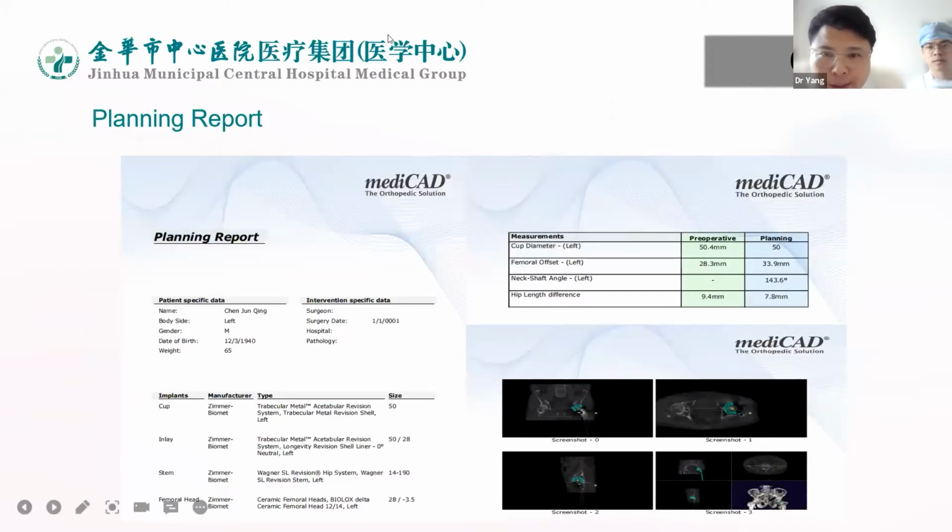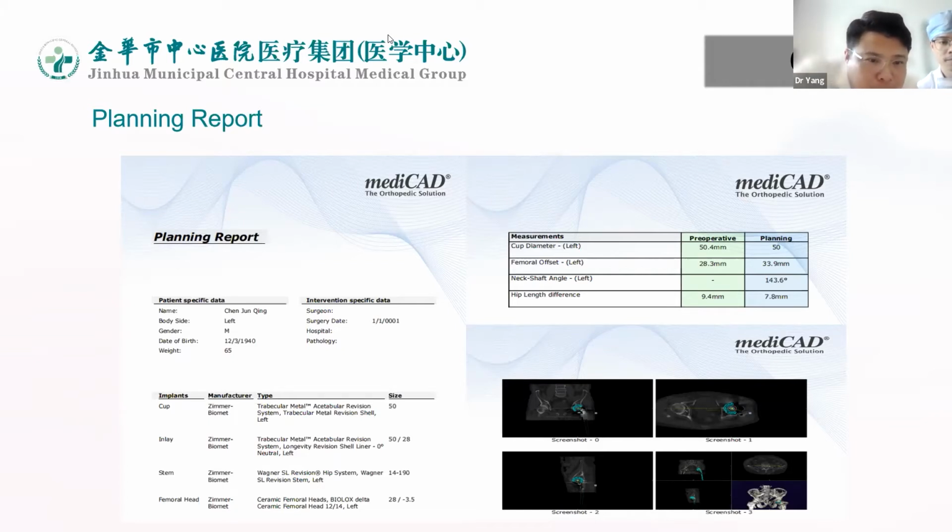In templating we planned to use the Zimmer cup. For the stem, we wanted to use the Wagner XL, size 14, but we found the bone quality was not so good.